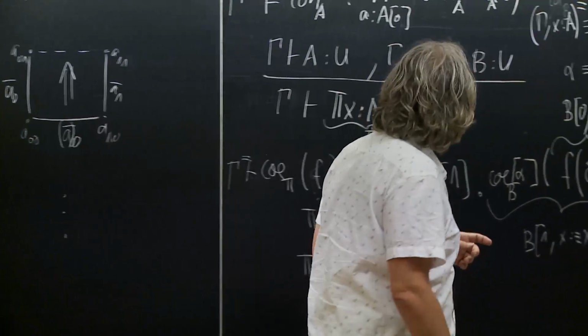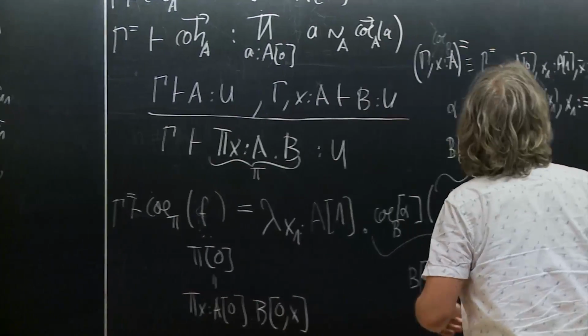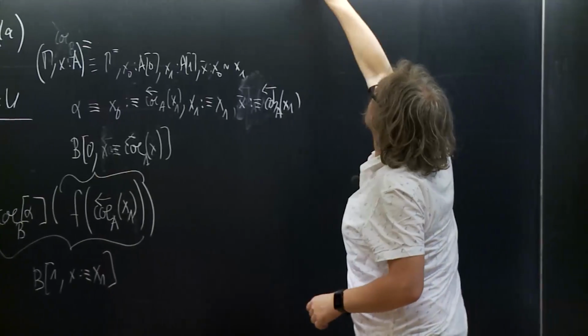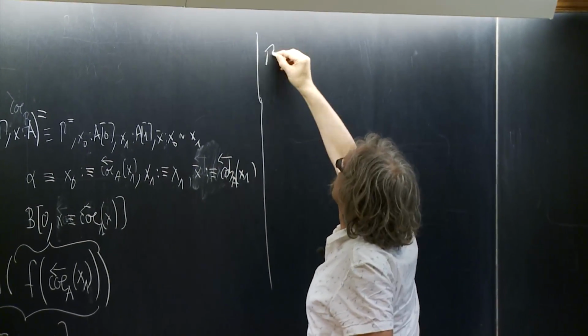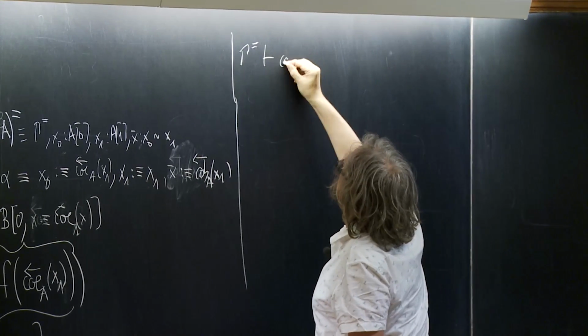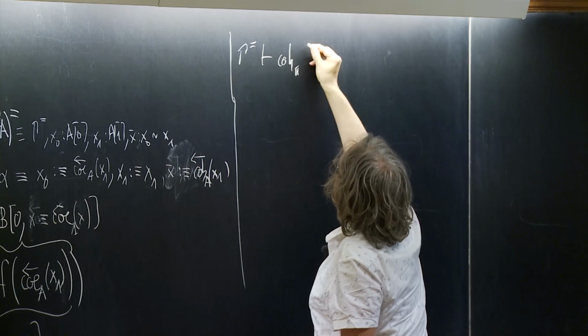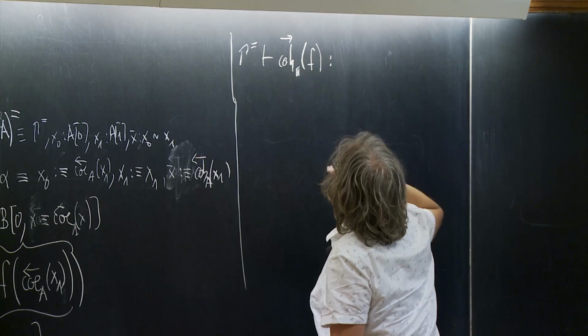But we still need to do something else. We also need to prove coherence. Also in gamma equal, I need to prove coherence for pi in this direction applied to f.